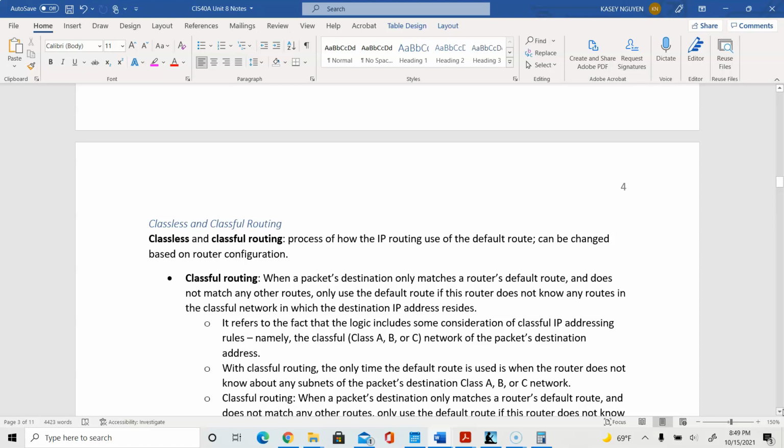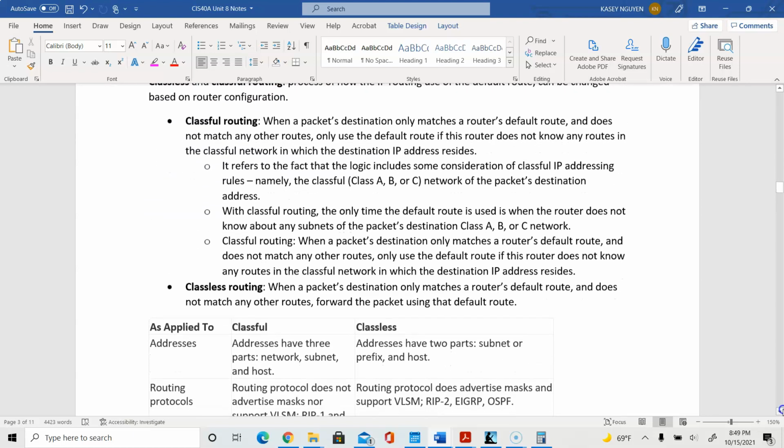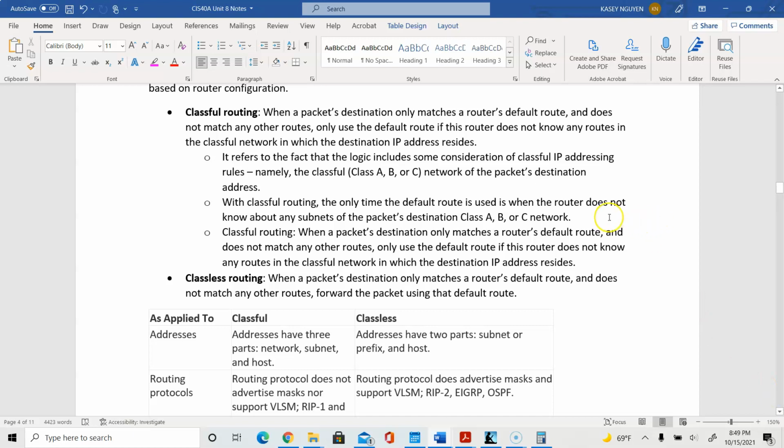With classful routing, we would use the classful IP addresses like A, B, C. And the destination matches the default route. So it would then be used by the router, and it doesn't require any additional subnet information. In classless routing, the packet's destination only matches the router's default route, and it does not match any other routes.